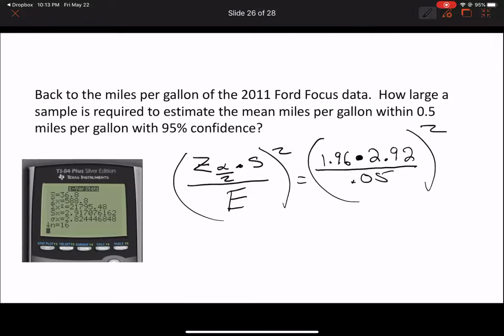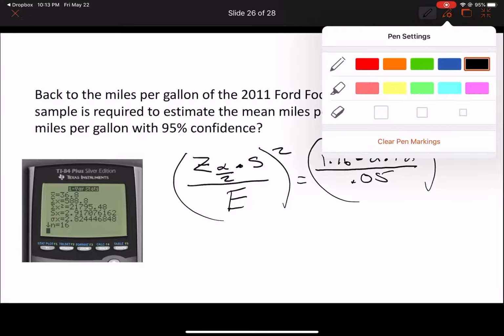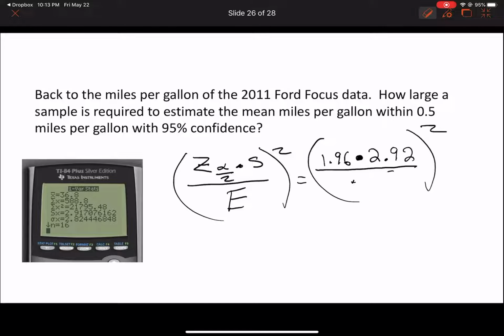So we have 1.96 times 2.92 divided by 0.05. No, that's my problem right there. I knew that something was wrong. I apologize for that. It's 0.5. That makes a difference.